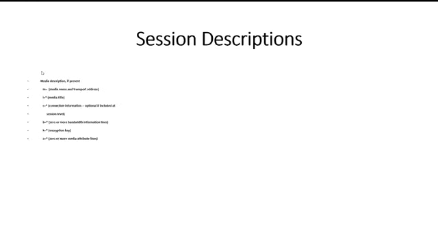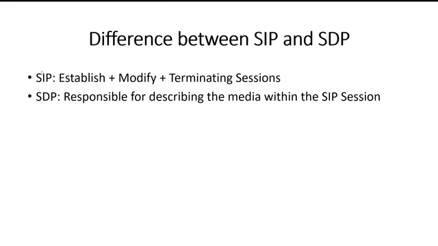Okay. And then these are the session descriptions that I was talking about. So basically, what is the difference between SIP and SDP? What SIP does is it initiates, modifies and terminates the sessions. Okay. And SDP, the Session Description Protocol, is for describing the media within the SIP session.